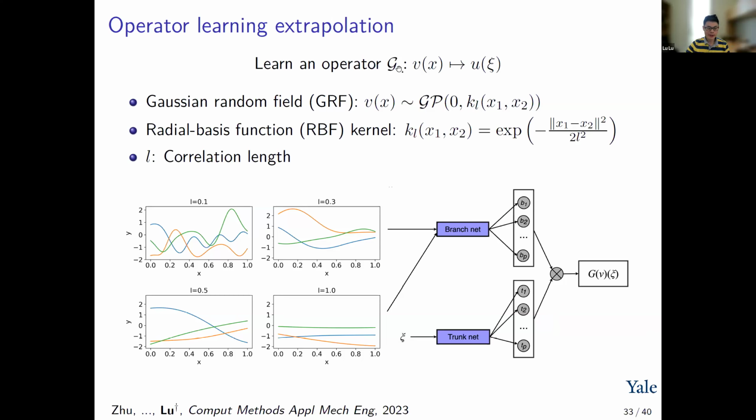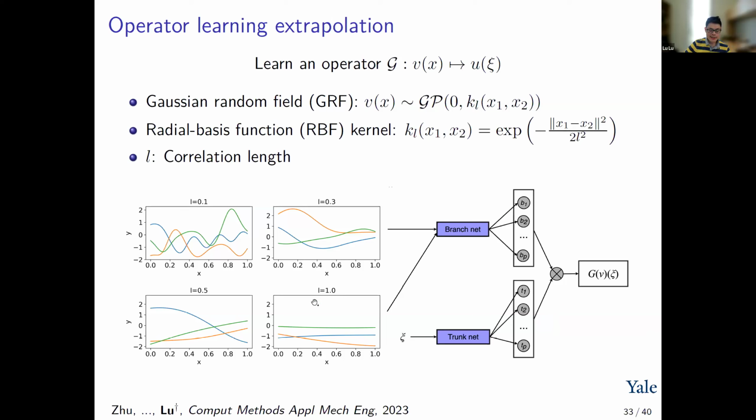Let's say we try to learn this operator G, maybe from the space V to U. And we sample all the functions for training and testing from a space called the Gaussian random field. For the Gaussian random field, we apply the kernel called RBF kernel, and in this kernel we have a parameter called L that can be tuned or selected.